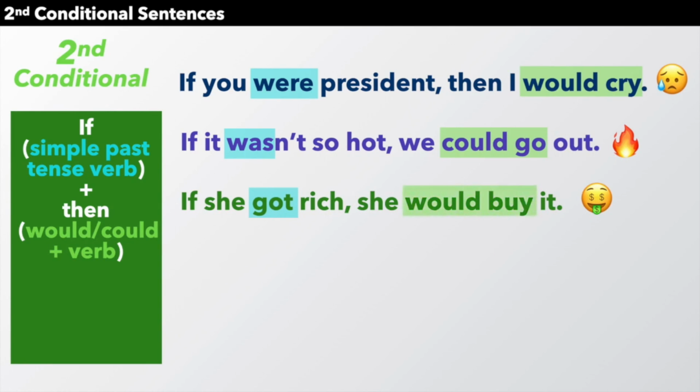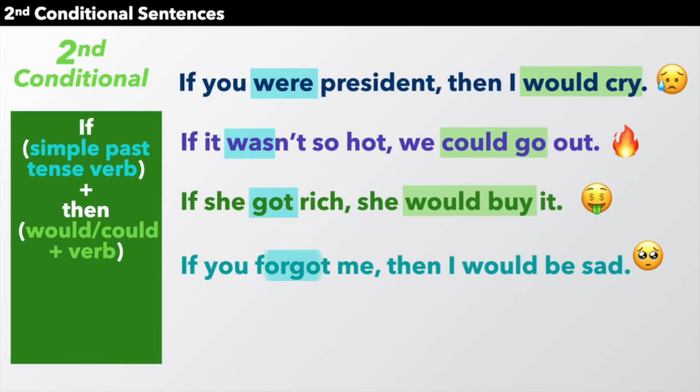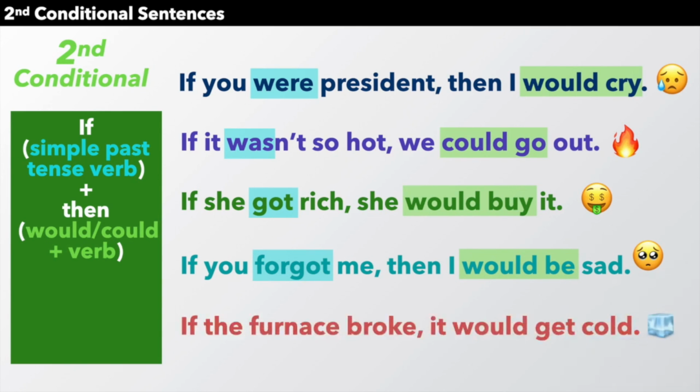Okay, then we have another example. If she got rich, she would buy it. If she got, the past of get, she would buy it. Then we have another: if you forgot me, then I would be sad. If the furnace broke, past of break, it would get cold.